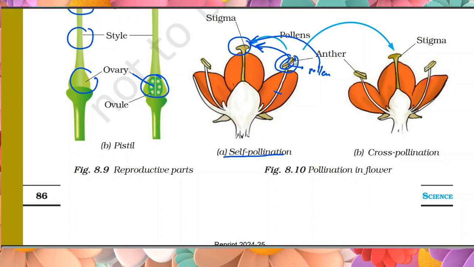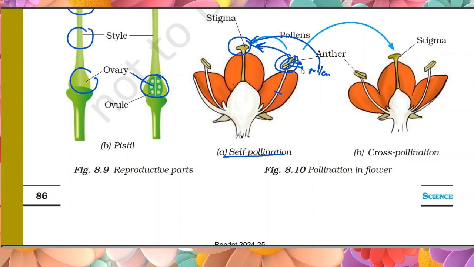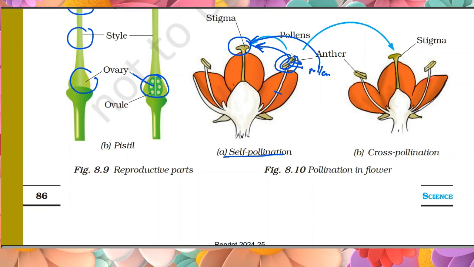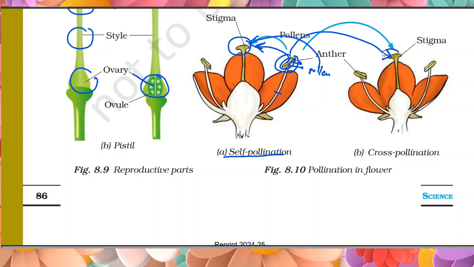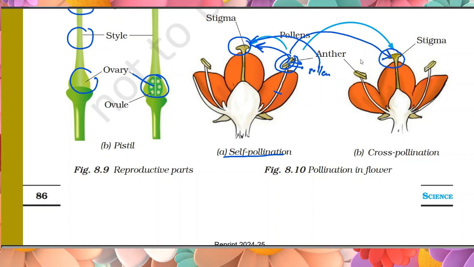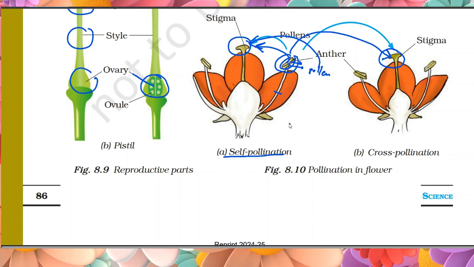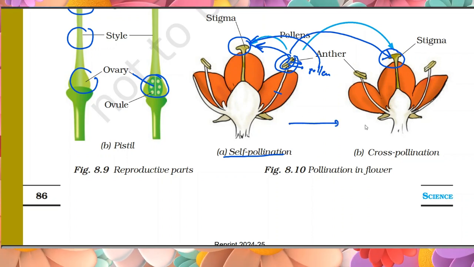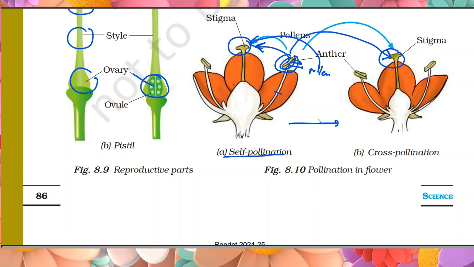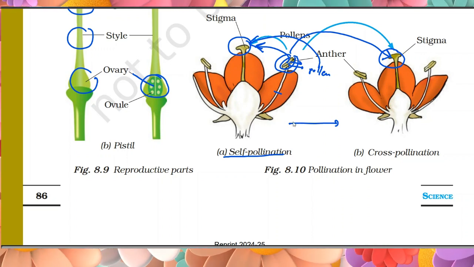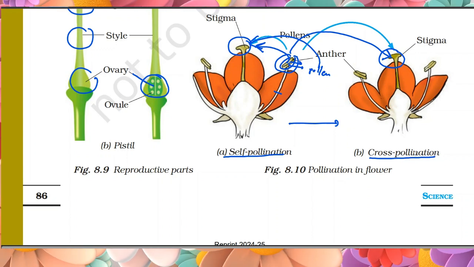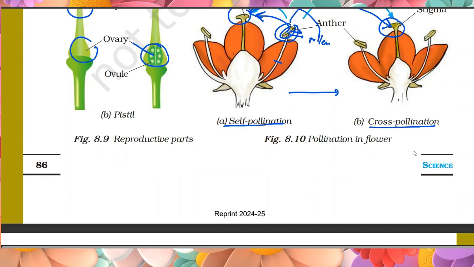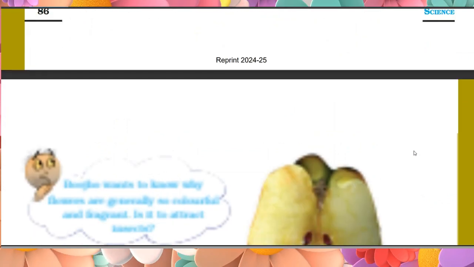But when pollen grains from one flower go to another flower and land on that flower's stigma, of the same kind, for example this is a hibiscus flower and this is also a hibiscus flower, but a different flower, not the same one, then it is called cross pollination. So there are two types of pollination: self pollination and cross pollination.